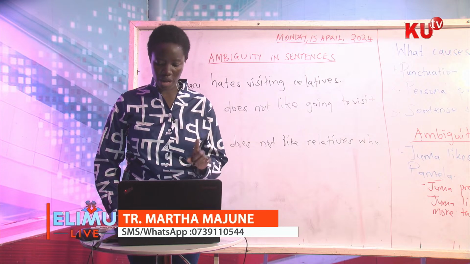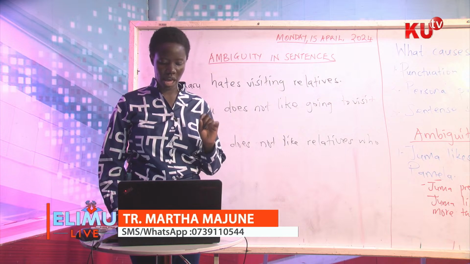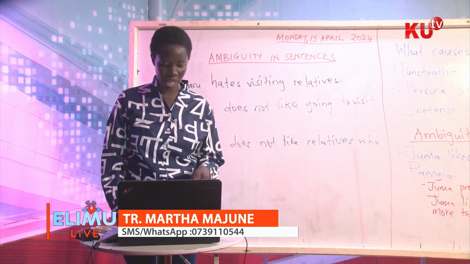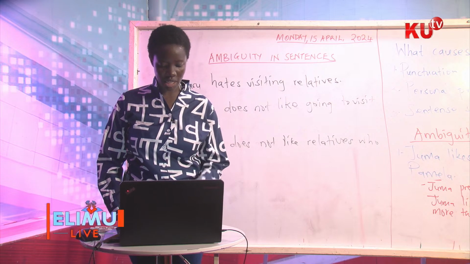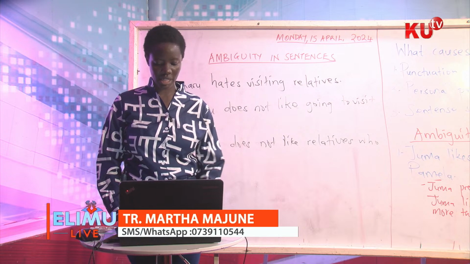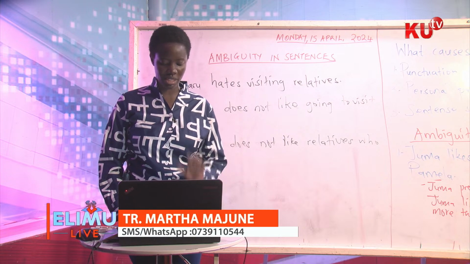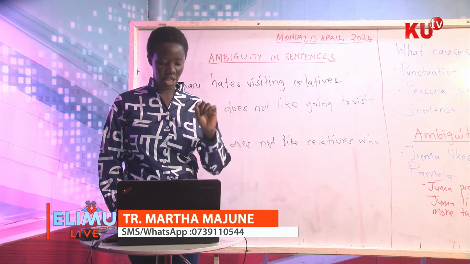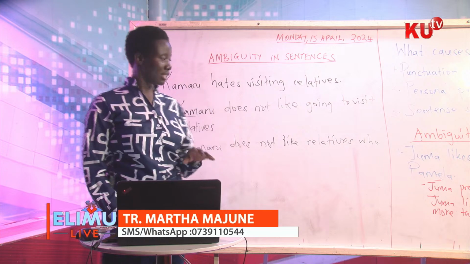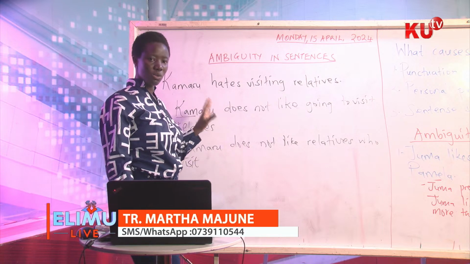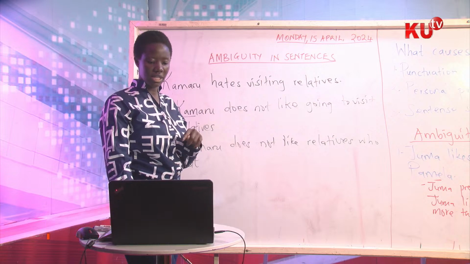So in KCSE 2017, there was a question whereby the candidates were asked to explain the two different meanings in the following sentence: Kamau hates visiting relatives. In the first answer, we focus on that person, Kamau, who is the subject in this sentence.